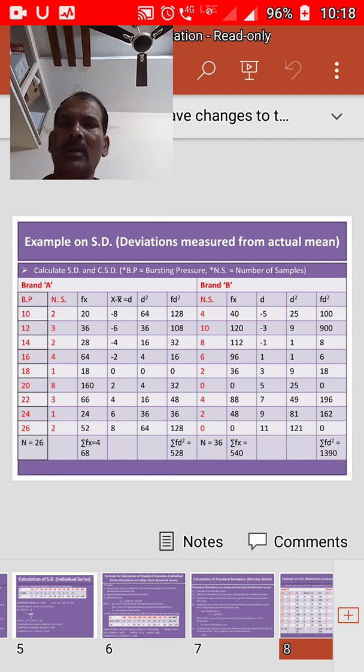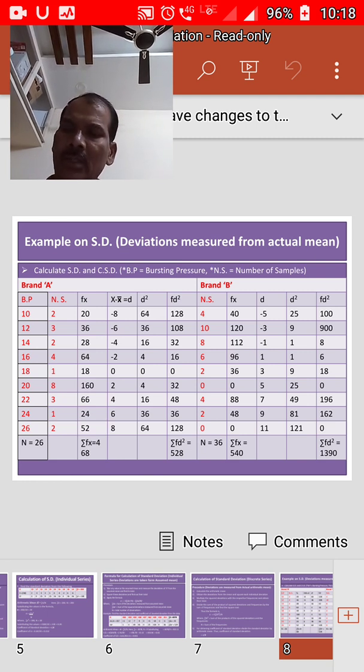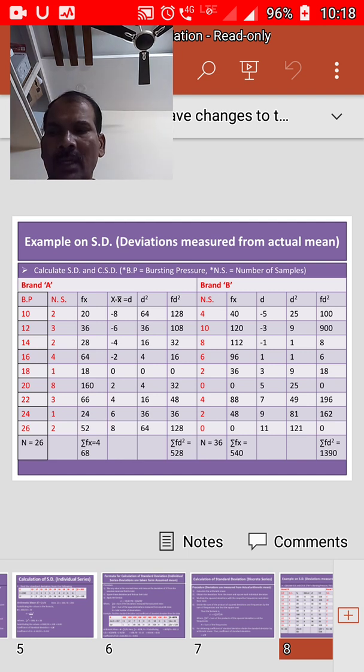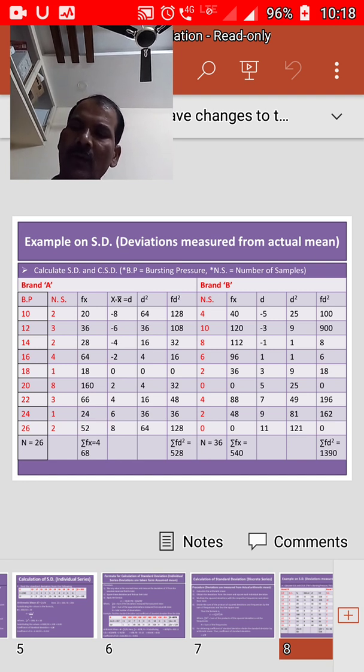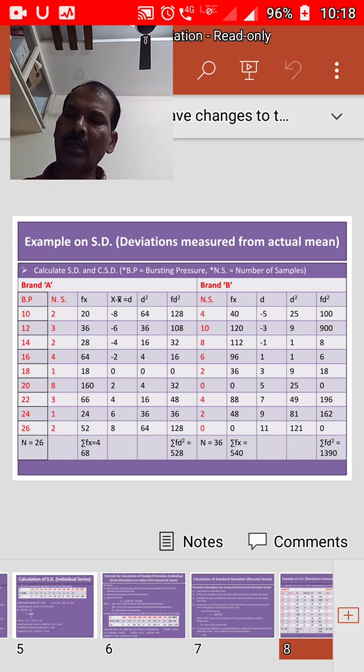Now, if you see fx, that is f into x, where bursting pressure is x and the number of samples is considered as the frequency f. Hence for brand A: 10 into 2, 20; 12 into 3, 36; 14 into 2, 28; 16 into 4, 64; 18 into 1, 18; 20 into 8, 160; 22 into 3, 66; 24 into 1, 24; 26 into 2, 52.